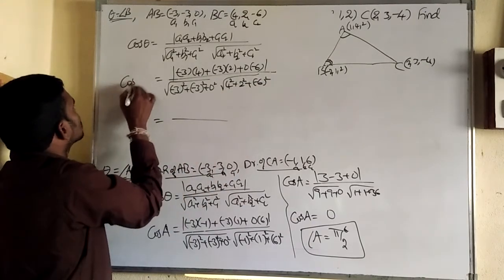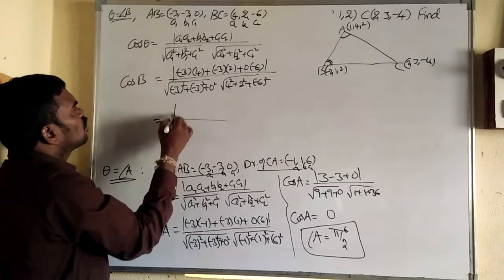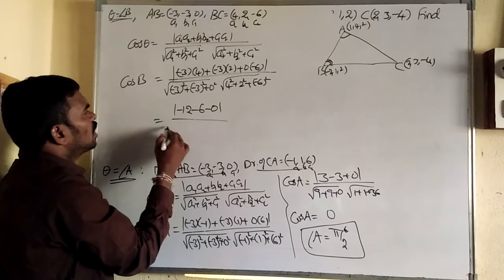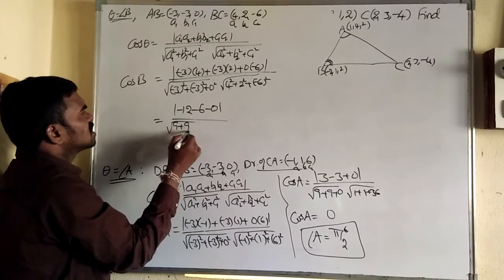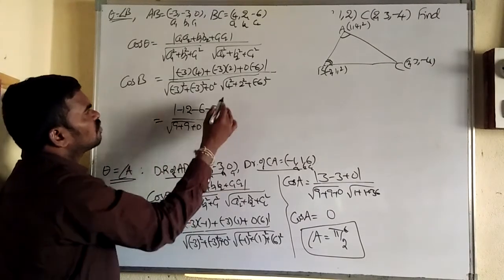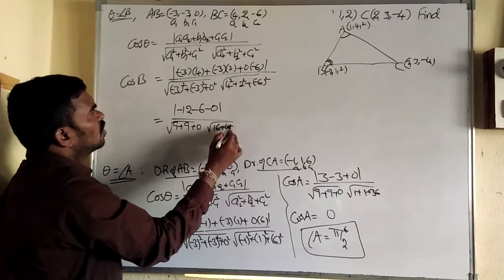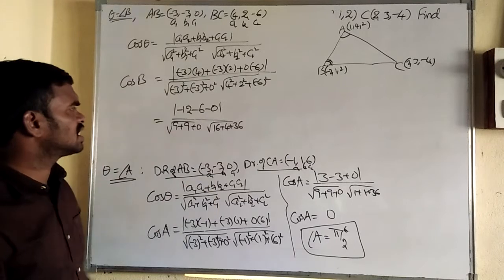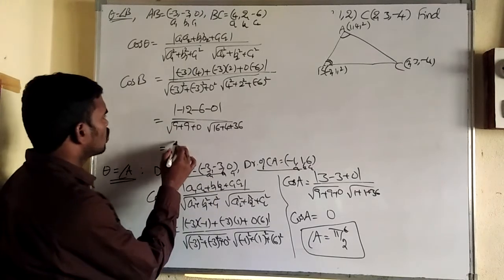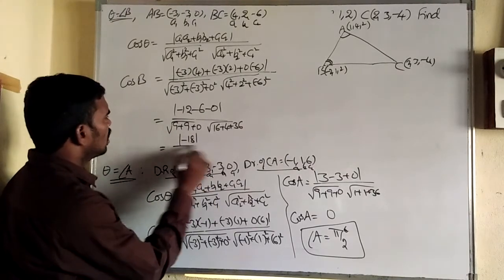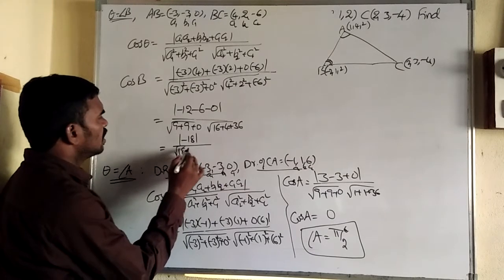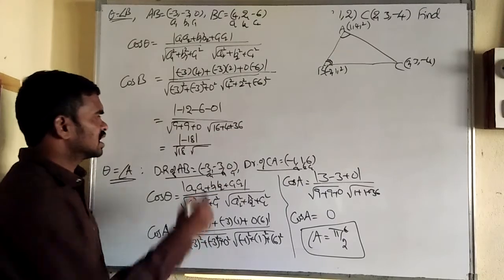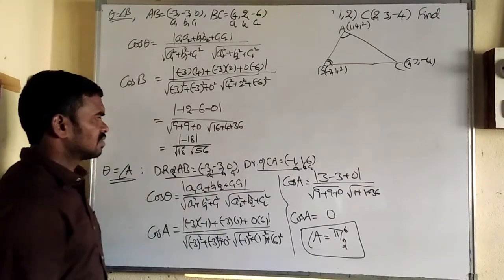So this is cos B: minus 3 into 4 is minus 12, minus 3 into 2 is minus 6, 0 into 6 is 0, by root of 9 plus 9 plus 0, into root of 16 plus 4 plus 36. How much? Minus 12 minus 6 is minus 18. So modulus of minus 18 by root 18 into root 56.